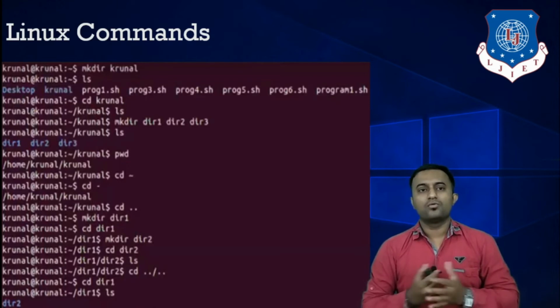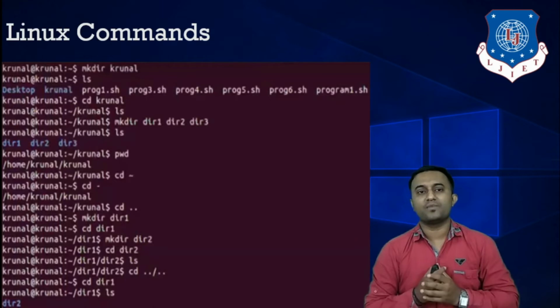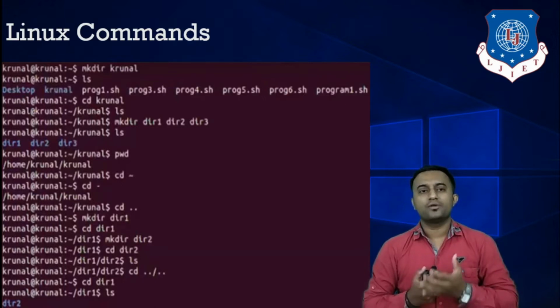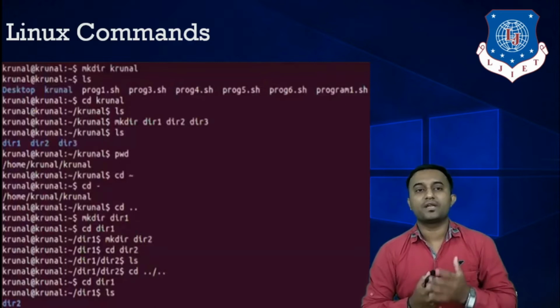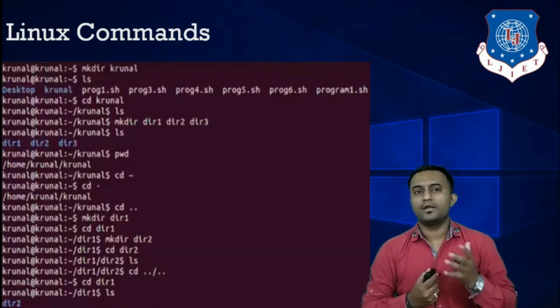So now let us discuss some basic Linux commands. We are starting with basic Linux commands, and then we'll see the advanced commands of the Linux operating system. Let us start with the first directory command. As you do very well in Windows, you create a folder.